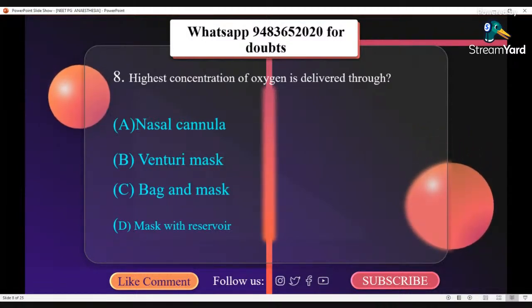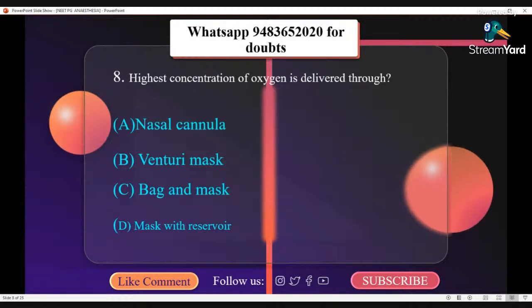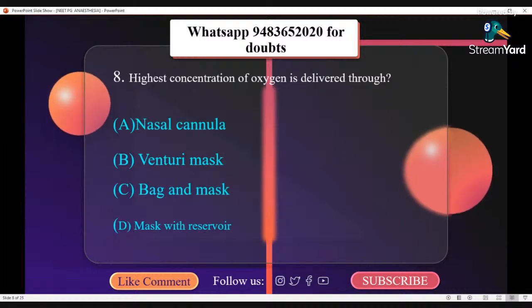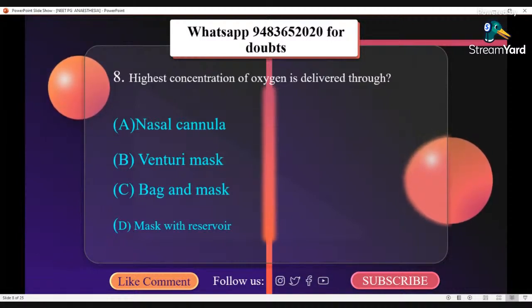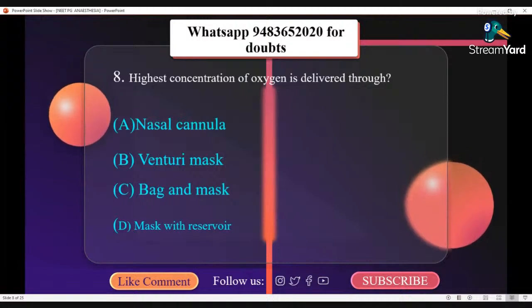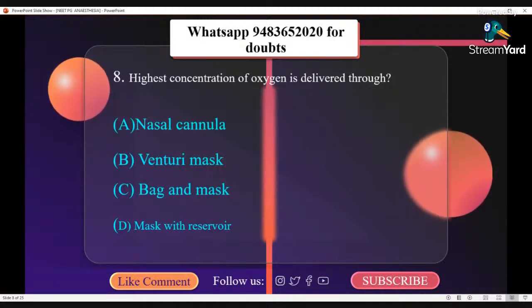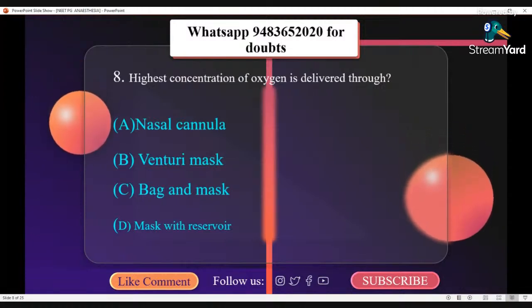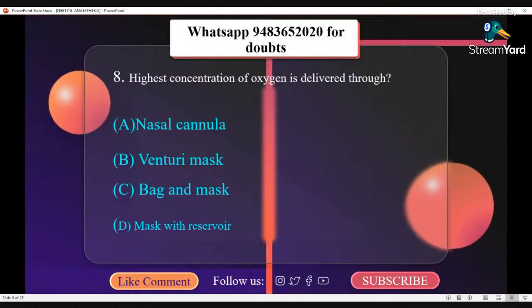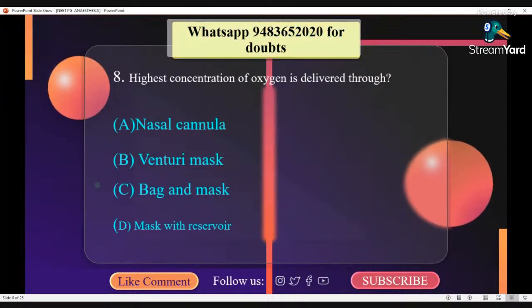Venturi mask delivers 60% oxygen. Mask with reservoir 80 to 90%. Nasal cannula only 40%. So the correct option here is bag and mask, 100%.